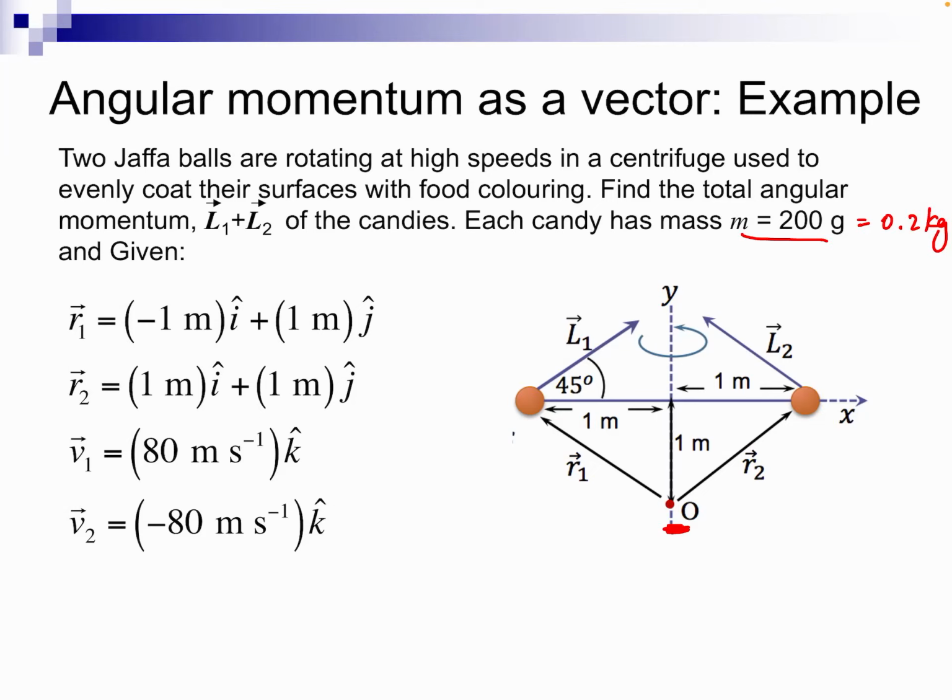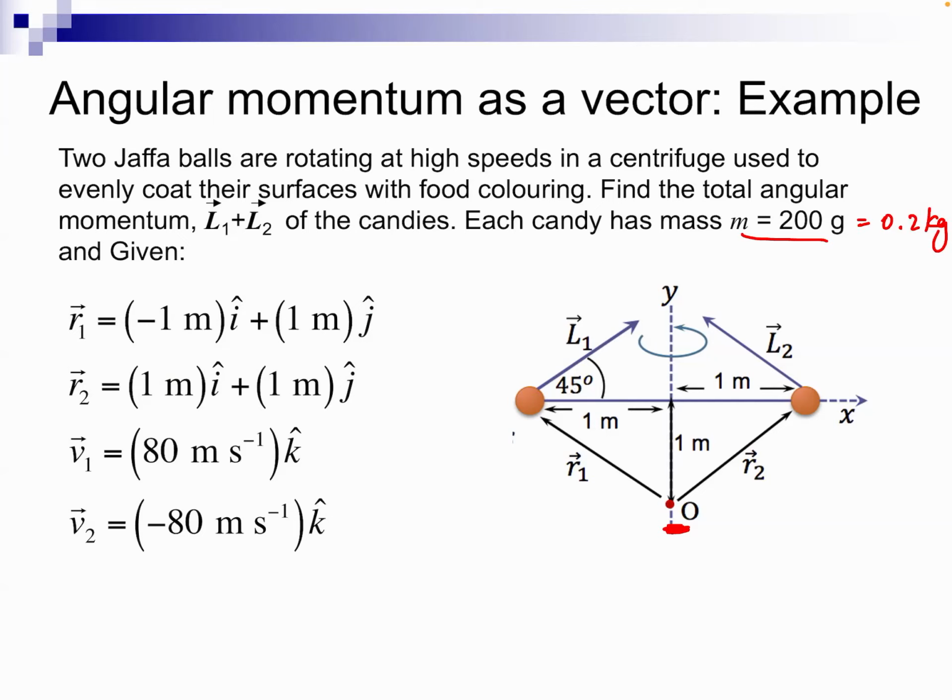This one is to the right, so this is plus i component, and this is to the left, so this is minus i component. But both of them have a plus j component in their r. One of them has a minus i component, and the other one has a plus i component. So that's the scenario.